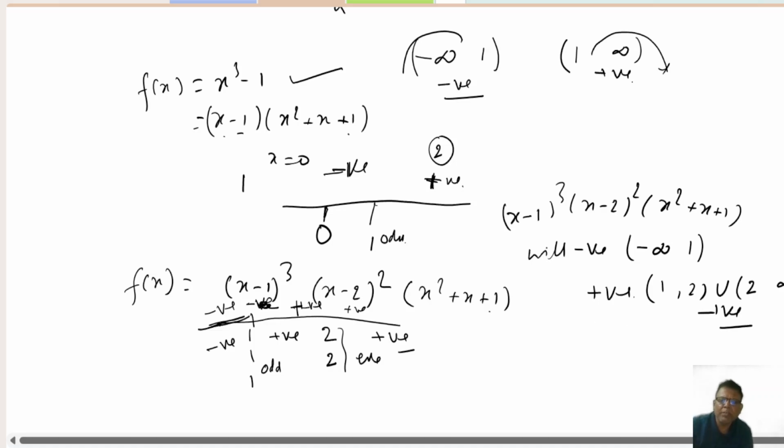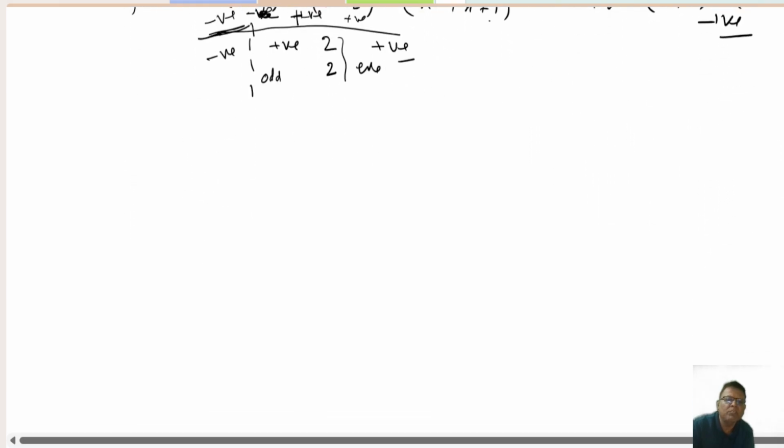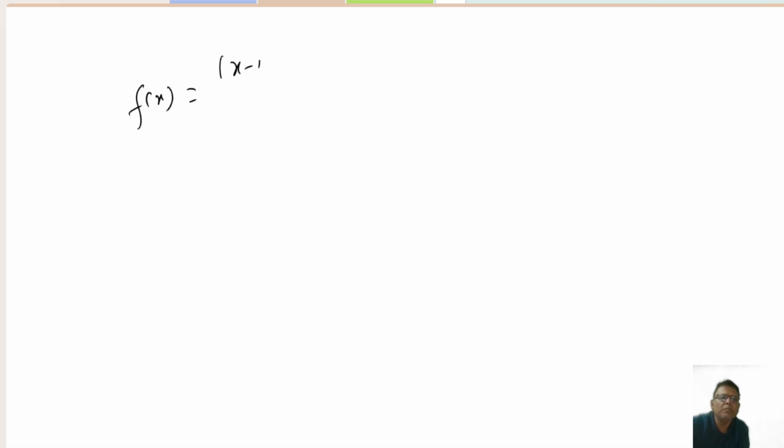This is applicable for rational functions also. What is a rational function? Suppose take a function f(x) equal to (x minus 1)(x minus 2) divided by (x minus 3)(x minus 4). Separately you find roots.